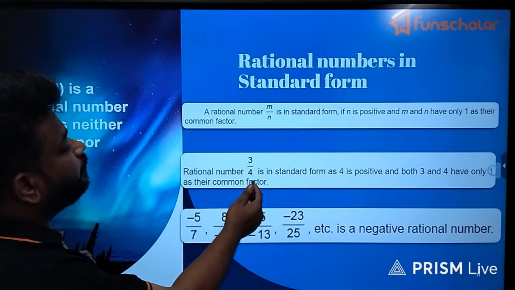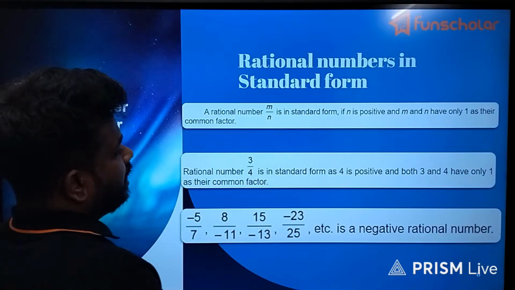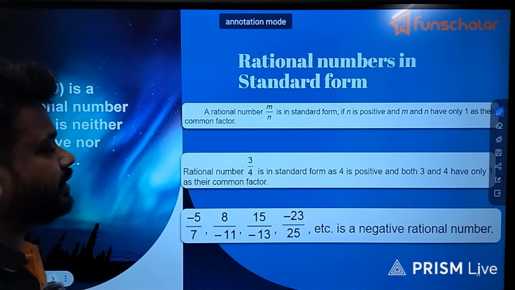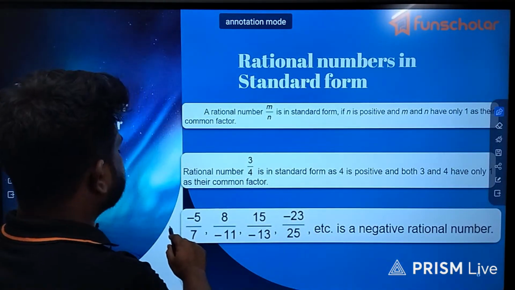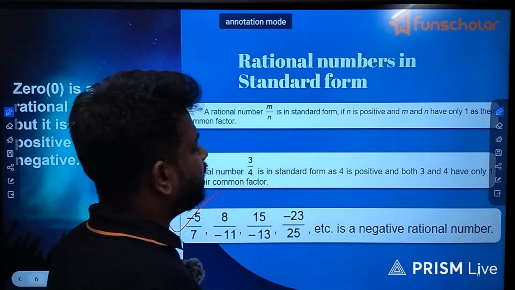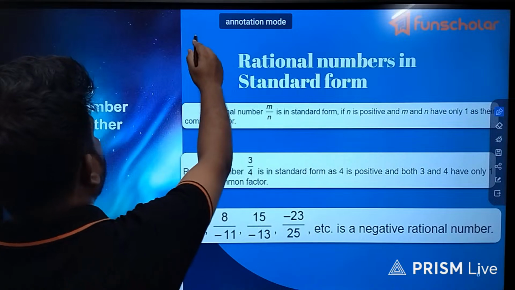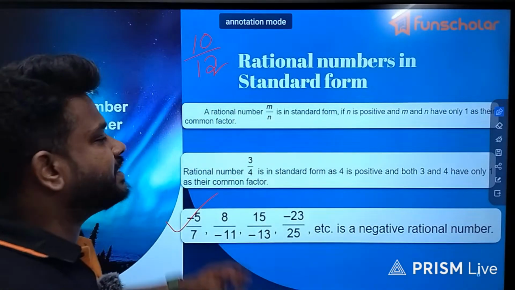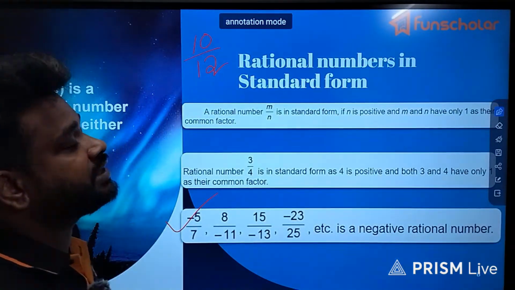Rational number 3/4 is in standard form as 4 is positive and both 3 and 4 have only 1 as their common factor, or 3 and 4 are co-prime numbers. So these all are examples of negative rational numbers. Okay, if we go by another example, if I take 10/12, this is a rational number, but this is not the standard form.